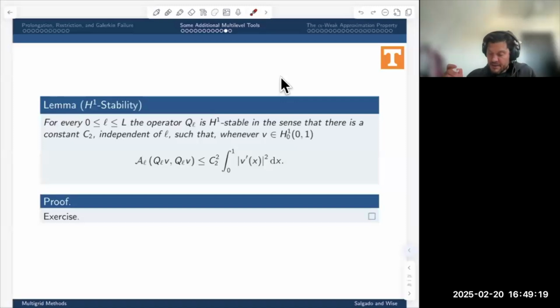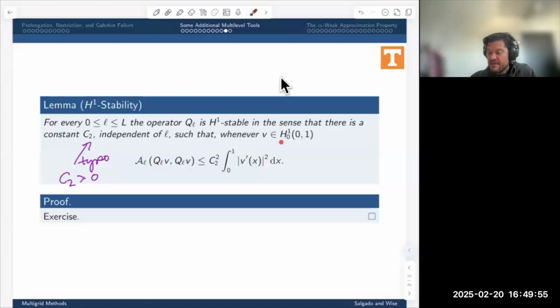There is a constant, and this is also a typo, because that should say a positive constant. Although there's no other constant that could satisfy this next result. So there is a positive constant C2 independent of L, very important, such that whenever V is not just in L2, but in the smoother space called H01.